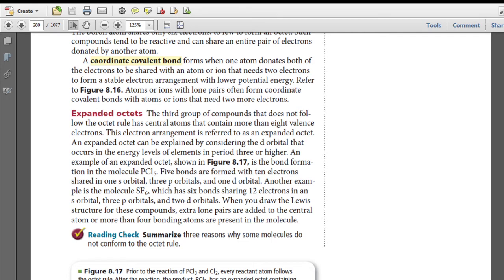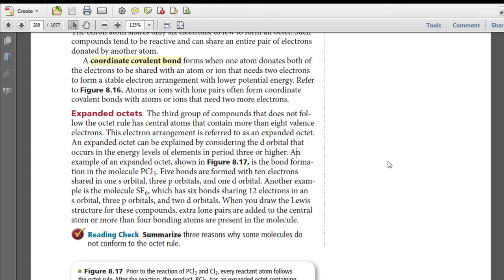An expanded octet can be explained by considering the d orbitals that occur in the energy levels of elements in periods 3 or higher. Here are those funny d orbitals coming in: if you have an energy level of 3 or higher, you're close to the d orbital, and it can expand its octet.